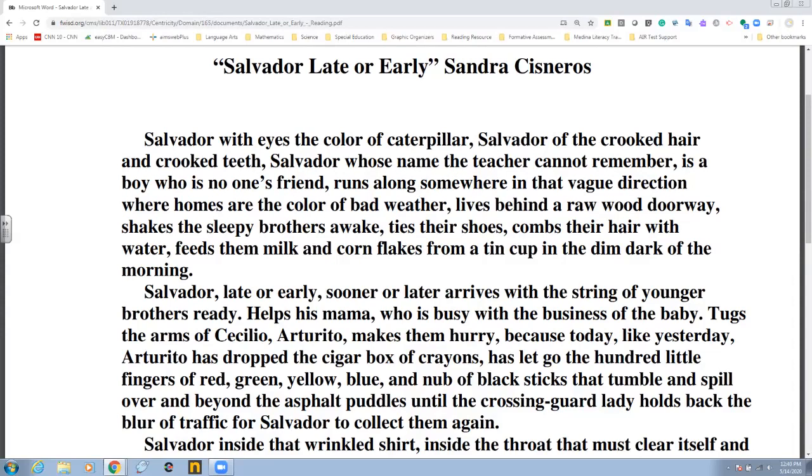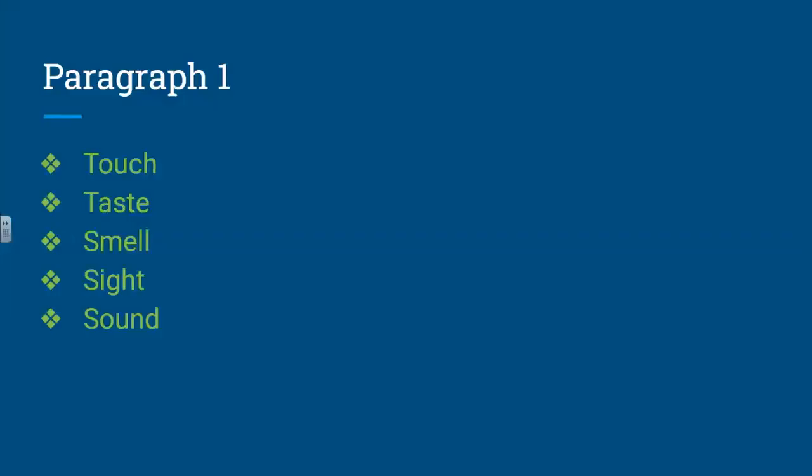They work wee hours at night and they have to fend for themselves just to make ends meet. So in that first paragraph, there's a lot of things that we could maybe even smell, we could see, maybe we could hear, some of those images that they're painting for us.